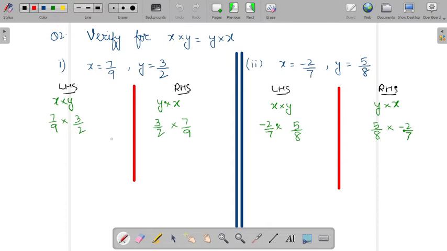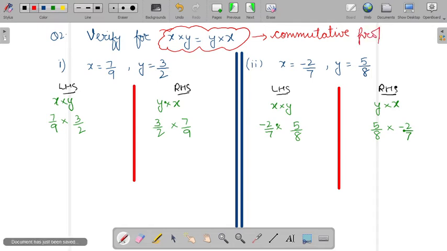Before we go for the question, this property, x multiply y equal y multiply x, is called the commutative property of multiplication.